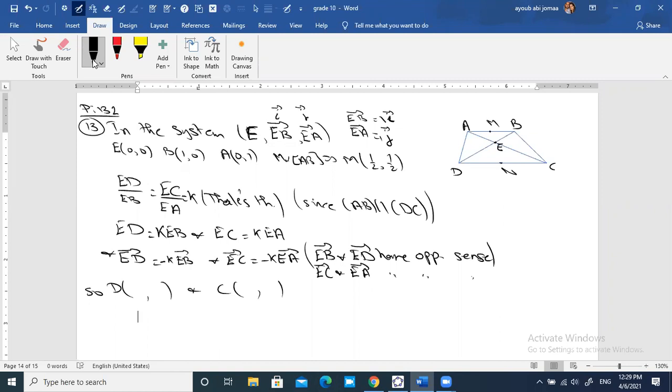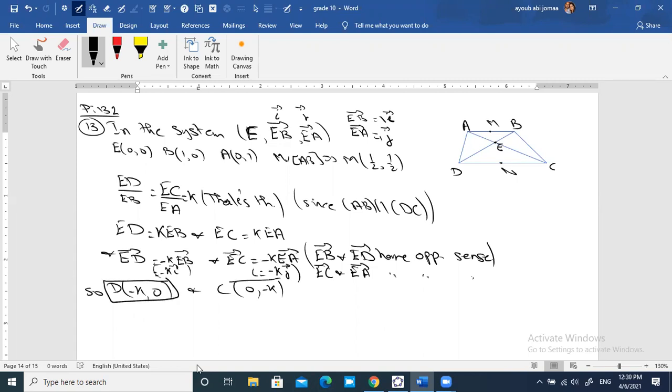It's I. So it's negative K I, meaning the coordinates of D will be (negative K, 0). And EC is equal to negative K EA, which is J, so (0, negative K). Clear?